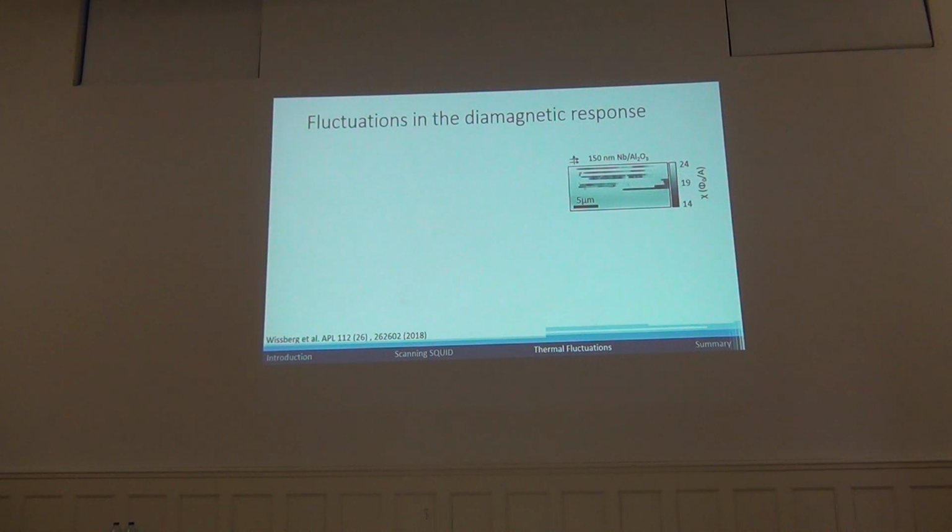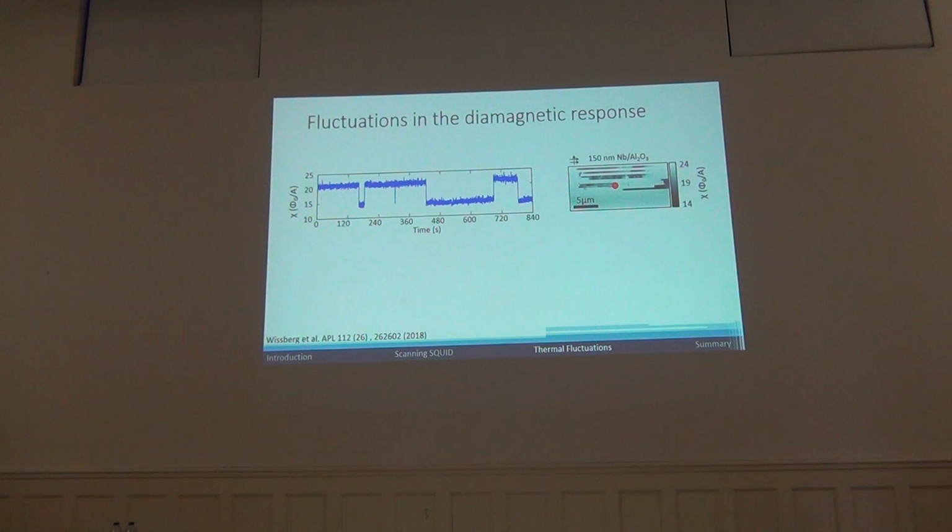And I wanted to see if the same position on the sample can exhibit two different values of the susceptibility at the same temperature. So I parked my SQUID over one of these recorded streaks. And when I measured it as a function of time, I found that the signal does fluctuate between two different values.